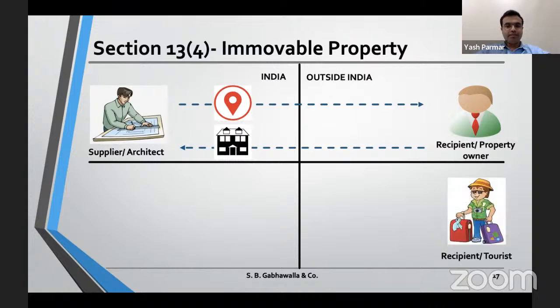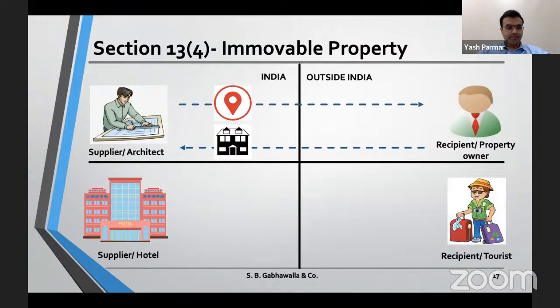Let us take one more example. There is a tourist who is a resident of a foreign country, and there is a hotel in India. This tourist is coming to visit India, and during his travel he is staying in a hotel located in India.